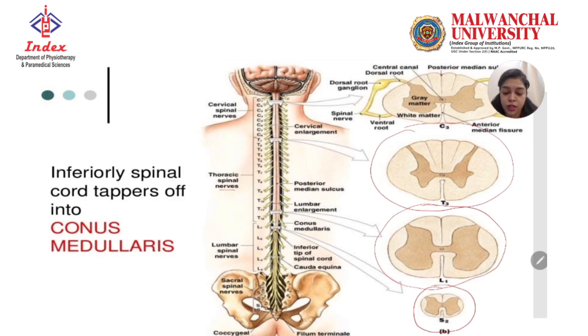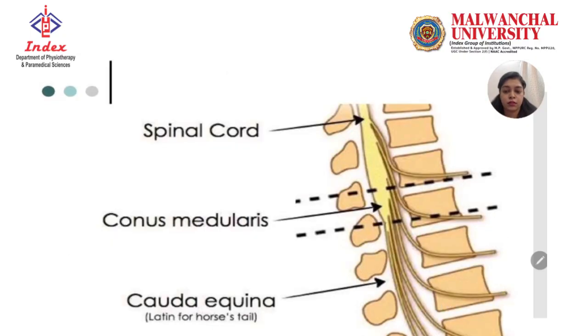And as we have discussed, inferiorly it tapers off into the conus medullaris, and this is like a horse tail, so this is called the cauda equina. This is a Latin word.